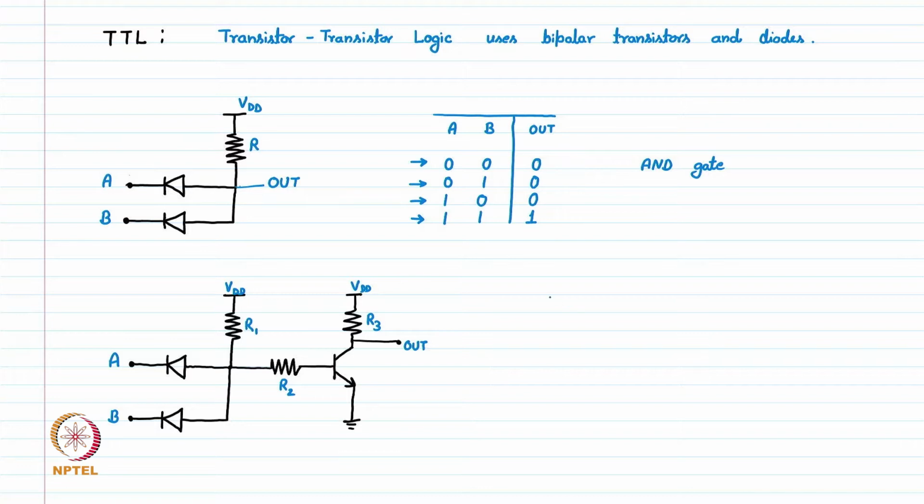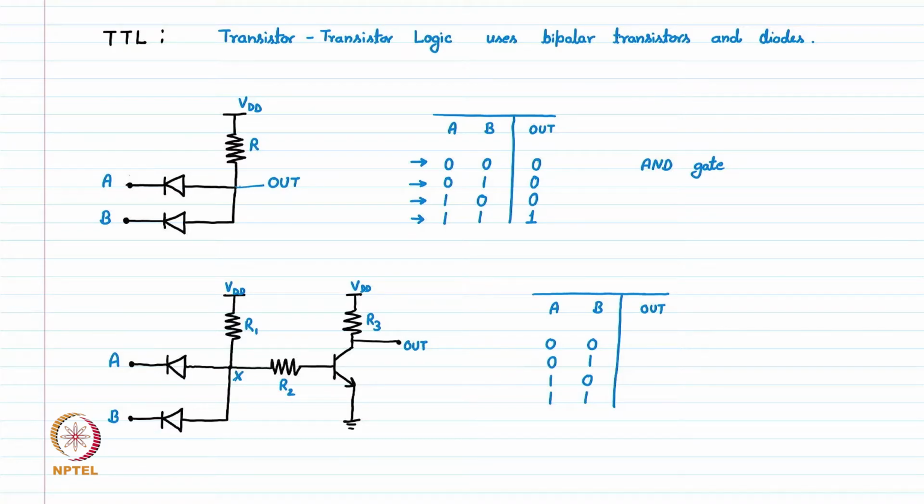The truth table of this gate is something like this. We have A and B, and here is the output. When either of the inputs is 0, when A is 0 or B is 0, one or both of the diodes will turn on and pull this node X to ground or very close to ground, depending upon the ratio of R1 and the on resistance of these diodes.